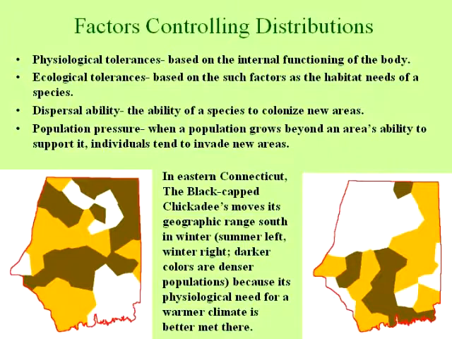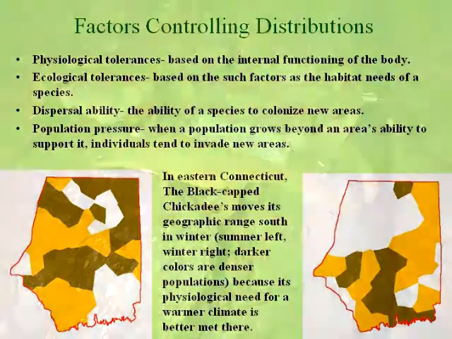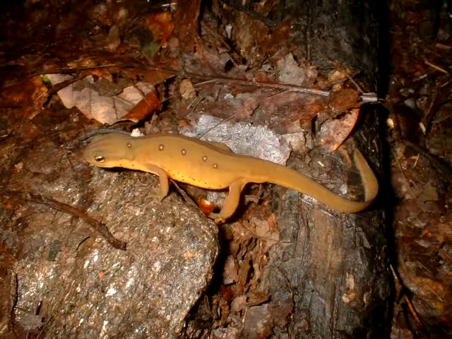Another factor would be the dispersal ability of species. Now, in the case of birds, of course, birds are very good dispersers for the most part. They can get up and fly. But other species, like salamanders, turtles, things like that, like this red-spotted newt here with those tiny little eggs, this is a species that is not nearly as good a disperser as a bird is.